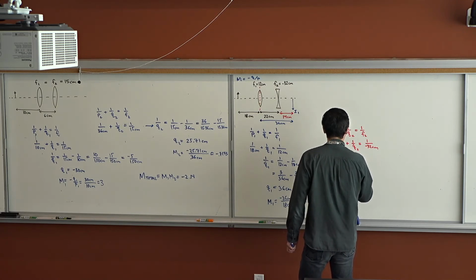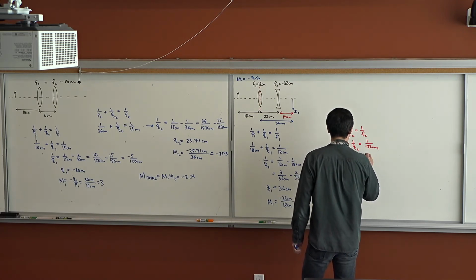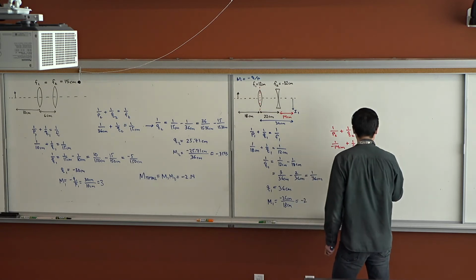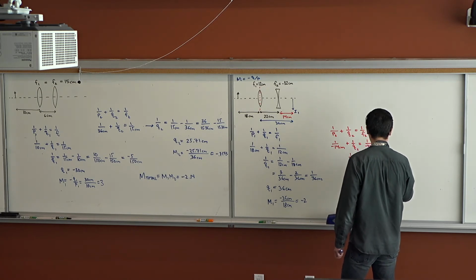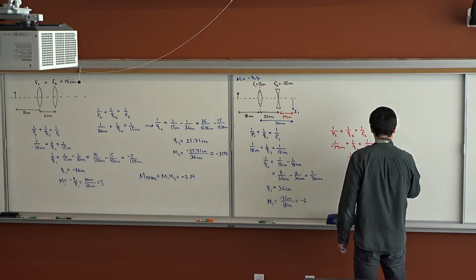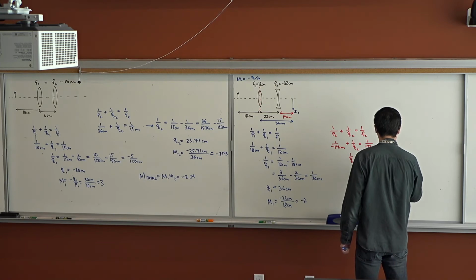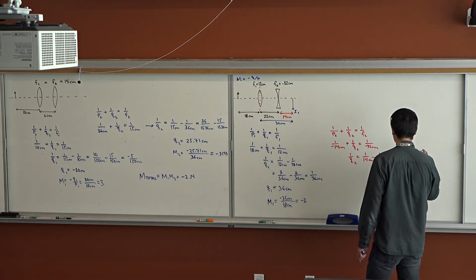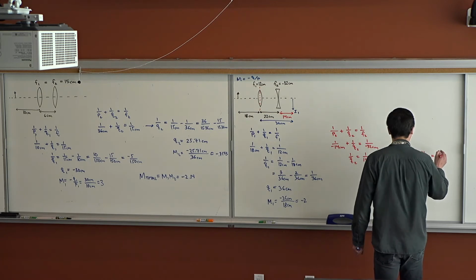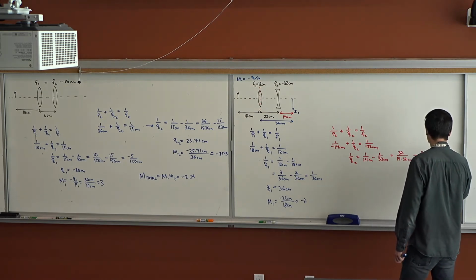So 1 over Q2 is equal to 1 over 14 centimeters minus 1 over 32 centimeters is 32 over 14 times 32 centimeters minus 14 over 14 times 32 centimeters is 18 over 14 times 32 centimeters.